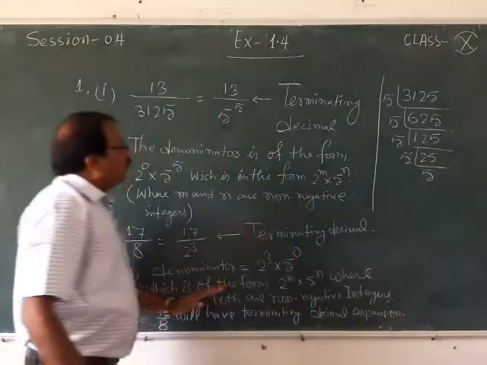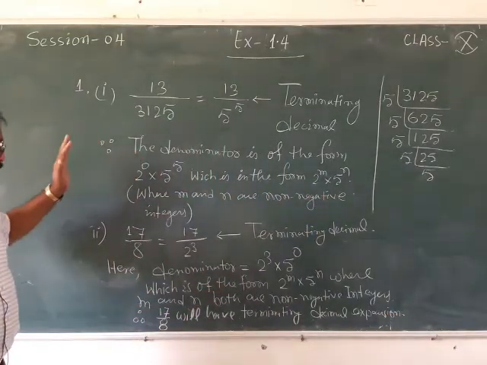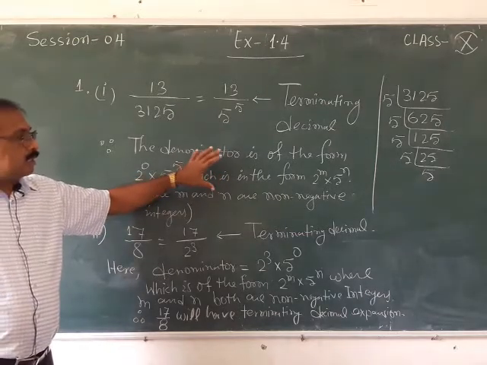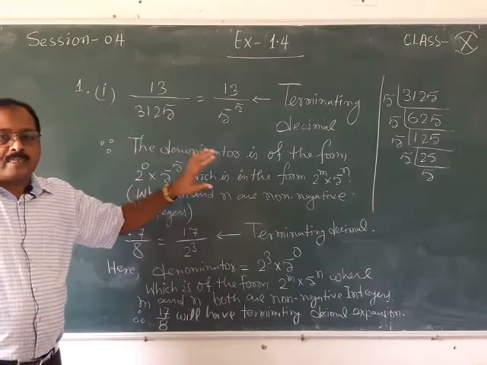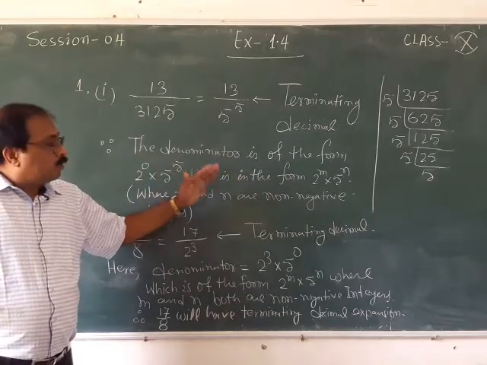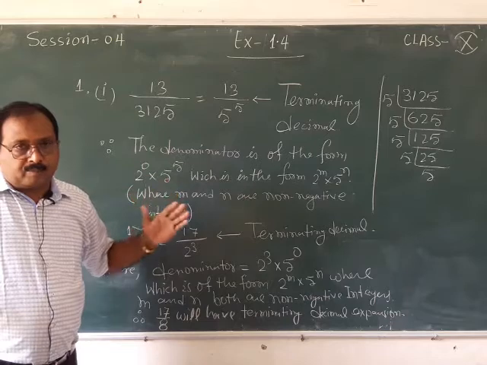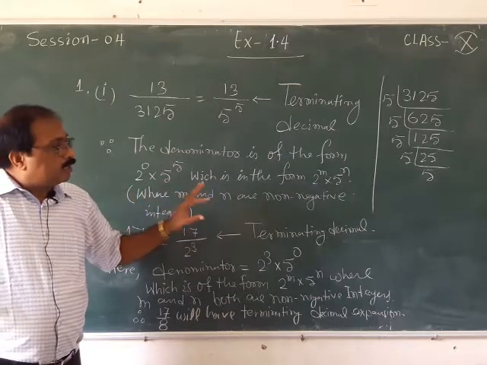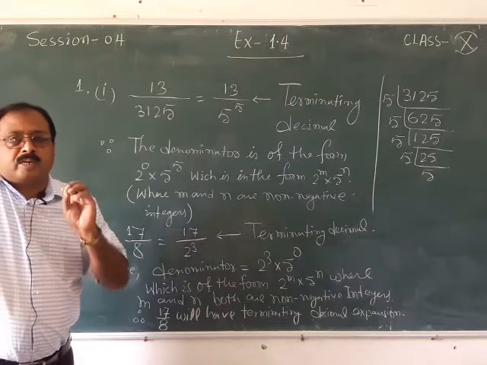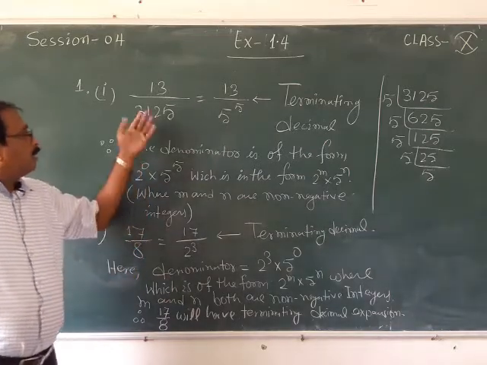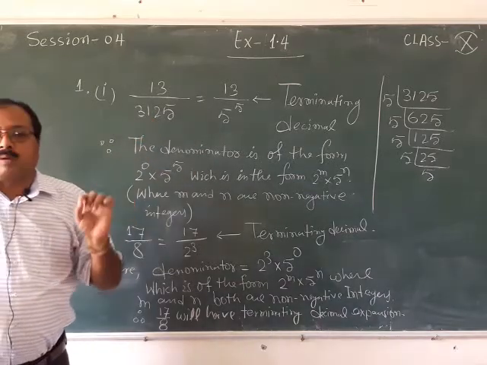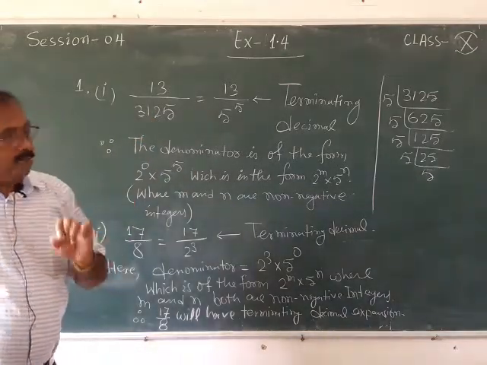So now you can see that I am not sticking to the statement. The statement is very flexible here. You can write the statement in your own way. Here you just need to understand and check whether the denominator of the fraction or rational number has the form 2 to the power m into 5 to the power n.